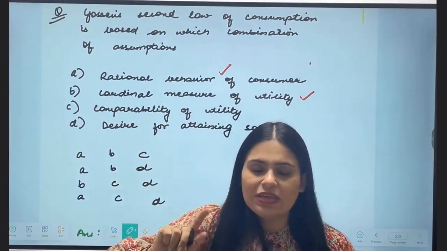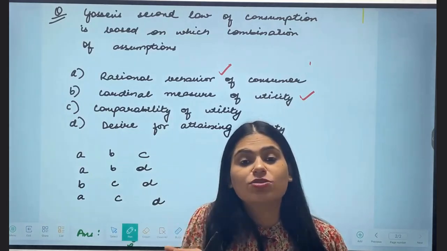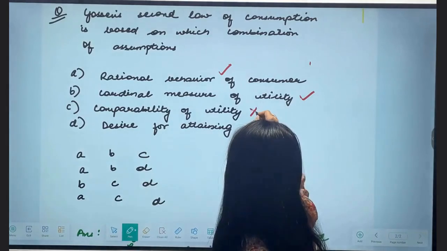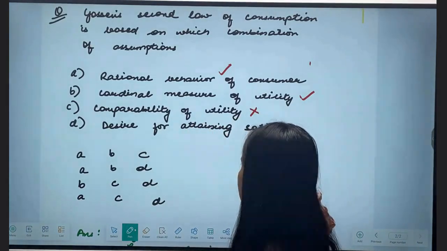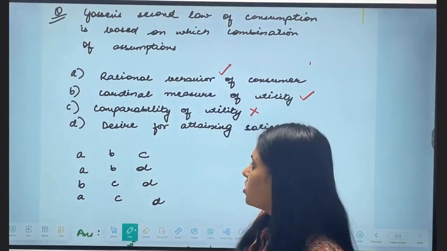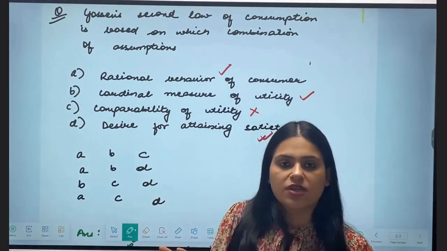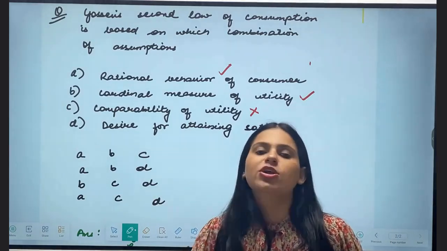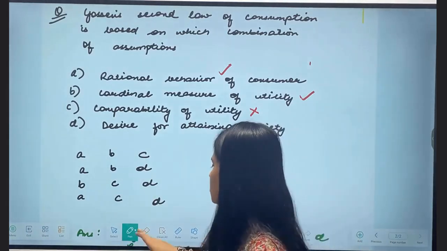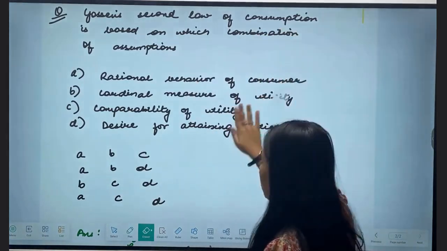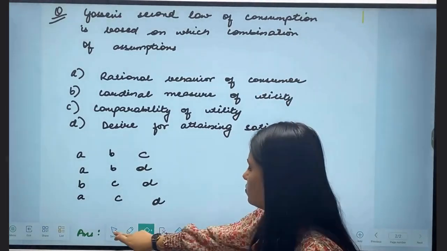Equality of utility is a result. We are not assuming it, so no. And consumer desires to attain satiation or bliss or maximum utility, yes. So the third point is not an assumption. It is a result that we want to get equal marginal utilities. Understood? So the answer should be A, B and D. Okay beta, come to the next question.